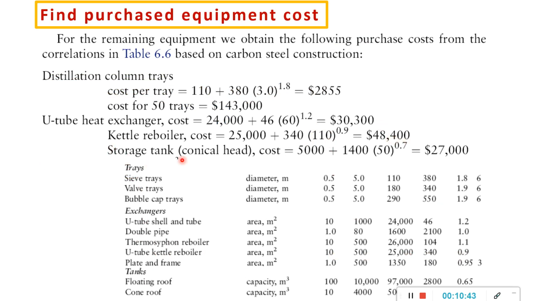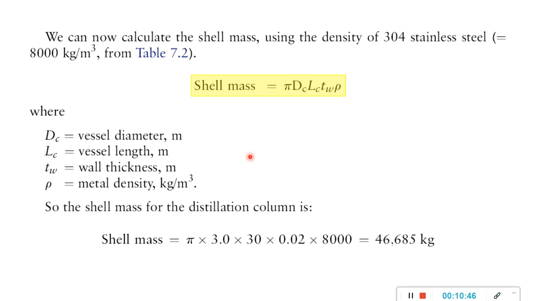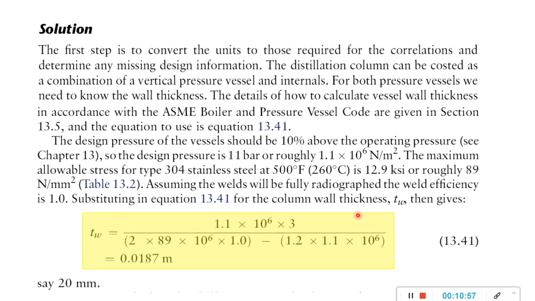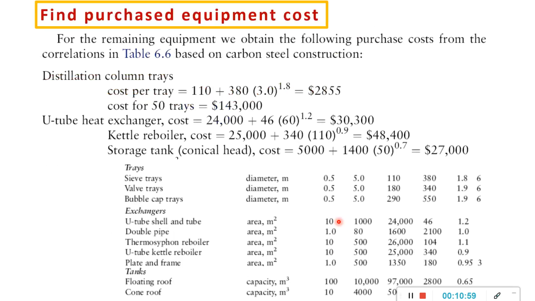Then for the storage tank, the question mentions conical head, so we check again. For the storage tank, it's not mentioned whether it's conical head or what, but we check the volume. The volume is 50 meter cubic. When we check the list, 50 meter cubic is in this cone roof range, that's why we take this one.